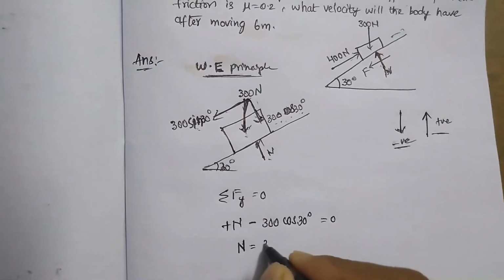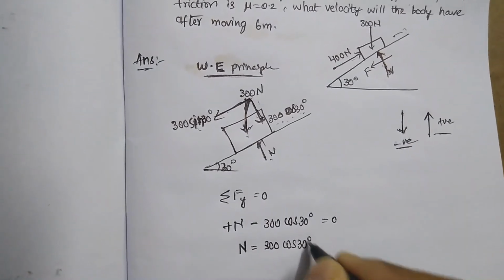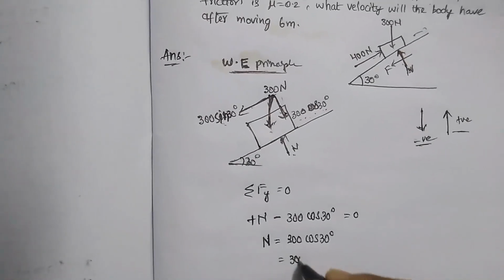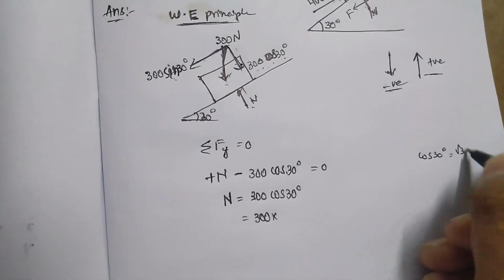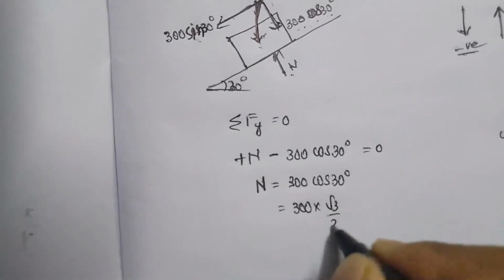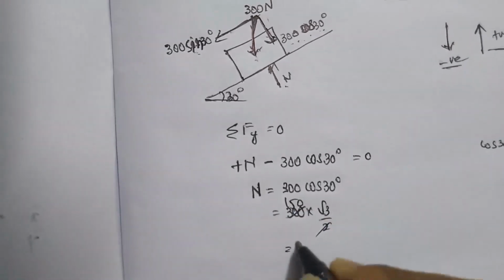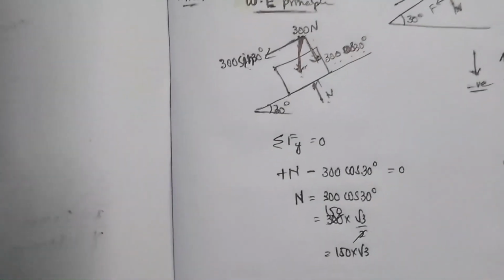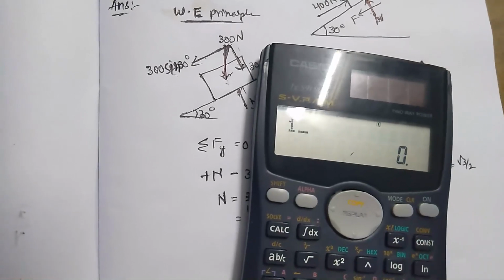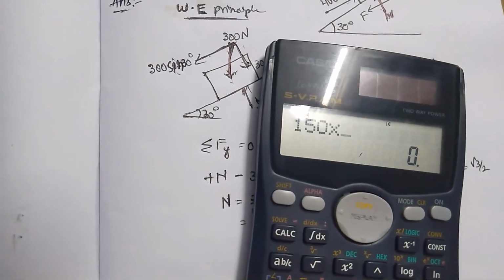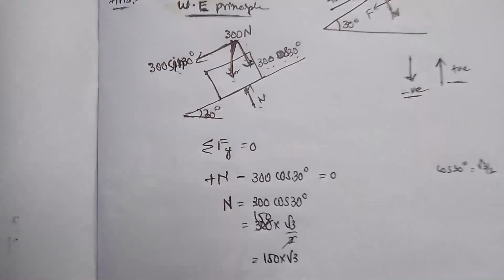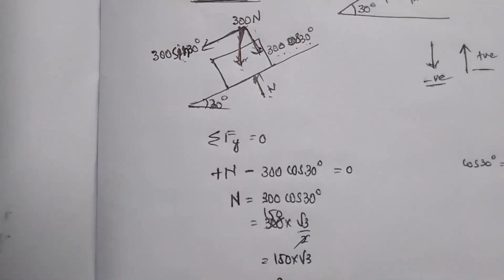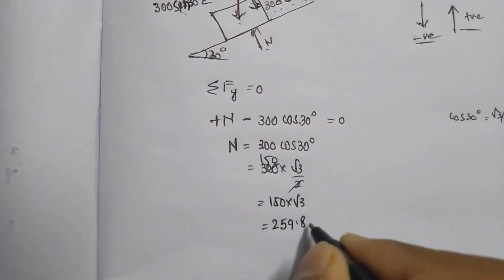From this N is equal to 300 cos 30 degrees, which is 300 into root 3 by 2, that is 150 into root 3, which is 259.807. 259.80 is enough.